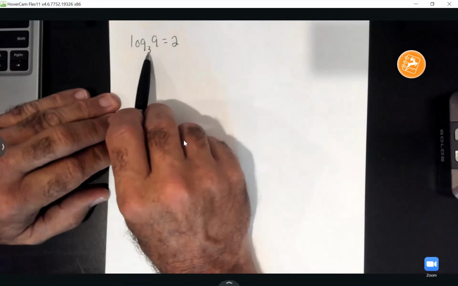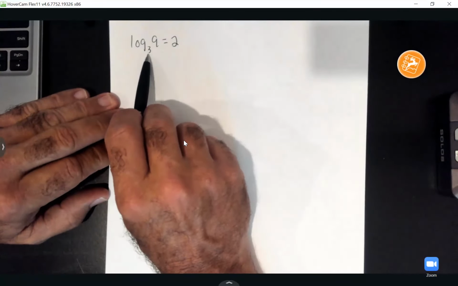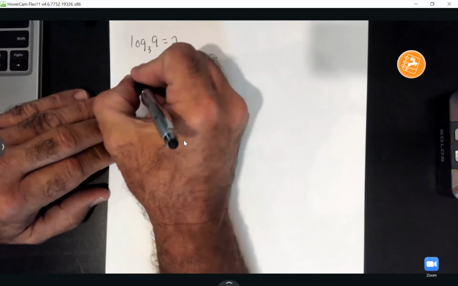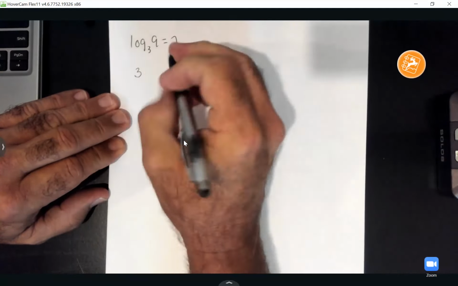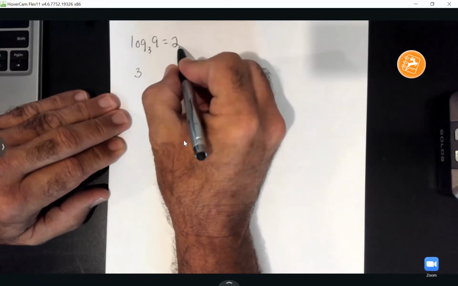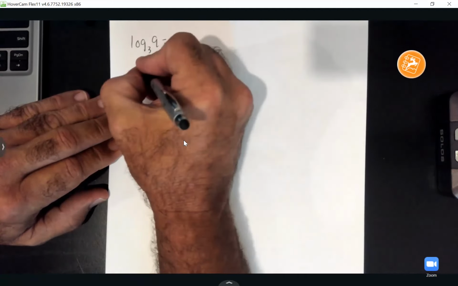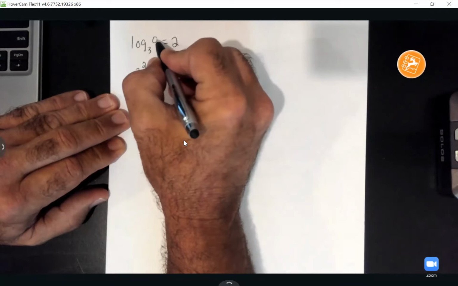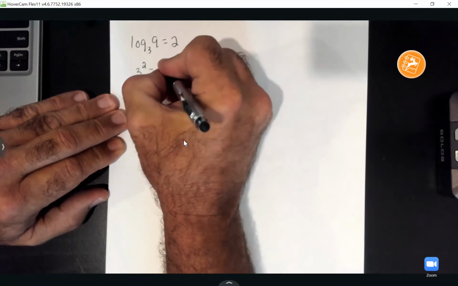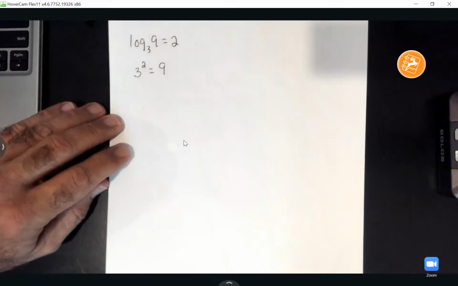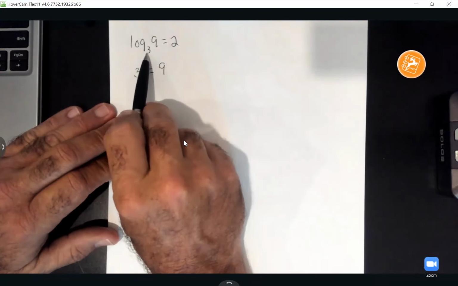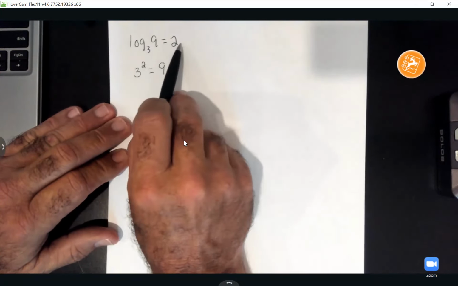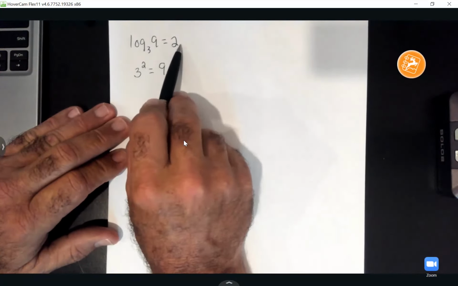So for each exponential, you take the base of the log, which is the 3, raise it to the exponent, which is the 2. That's going to equal your result, which is the 9. So remember, base of the log raised to the exponent equals that result you get in the middle.